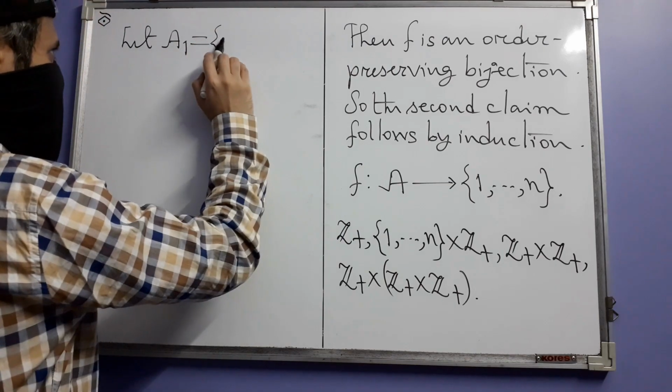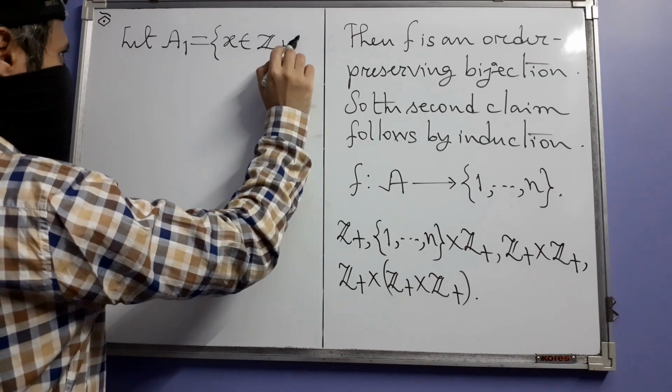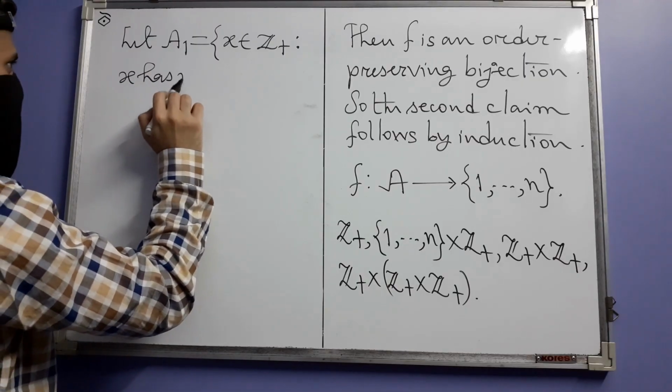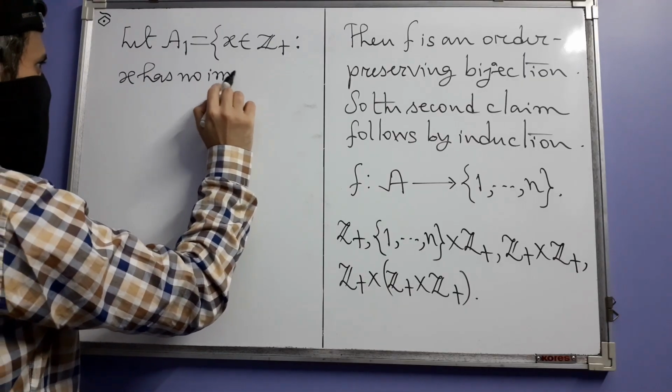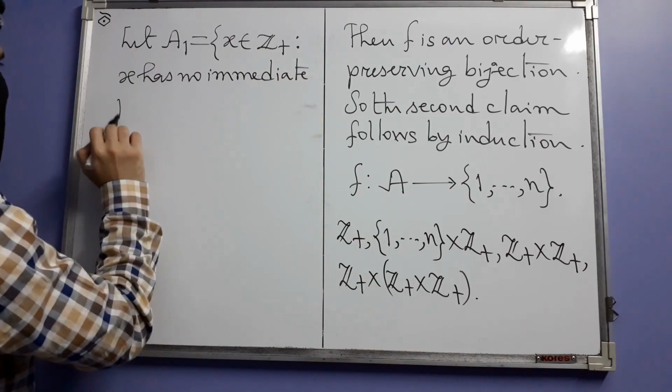Let A1 be the set of those elements x in Z plus such that x has no immediate predecessor.